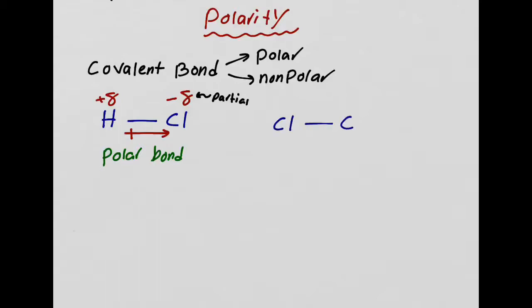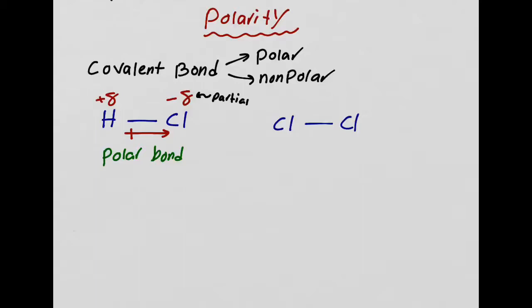Now, let's say I have Cl2, Cl attached to the Cl. Now, these two have the same EN value. They have the same strength. So what that means is the electrons are shared equally. So no one is pulling the electron harder than the other atom.